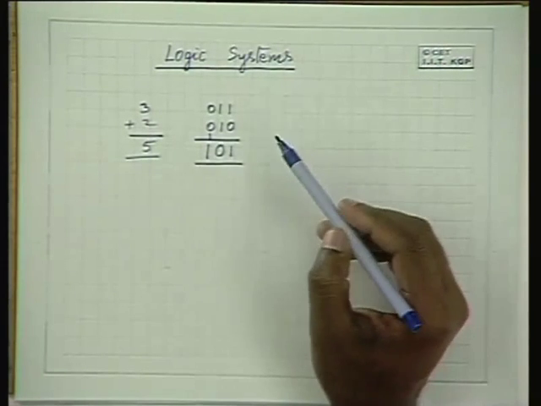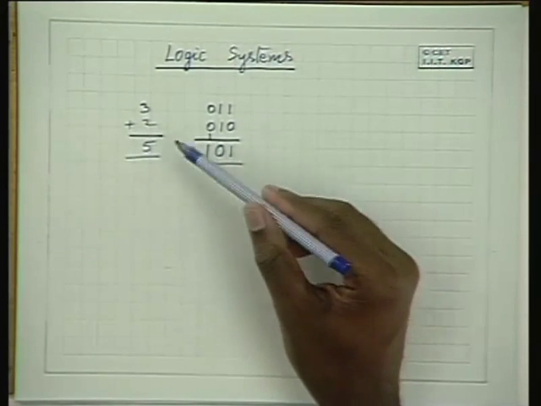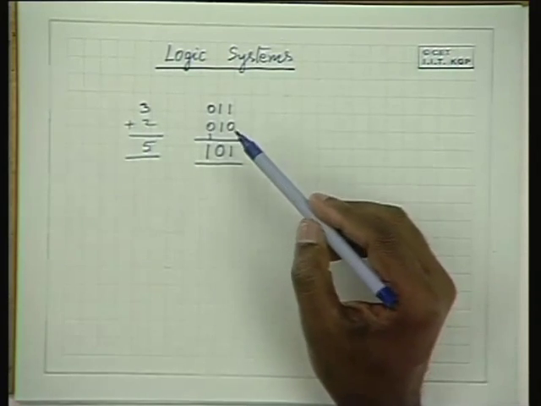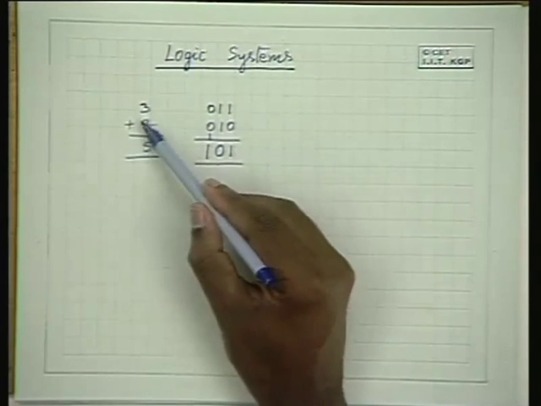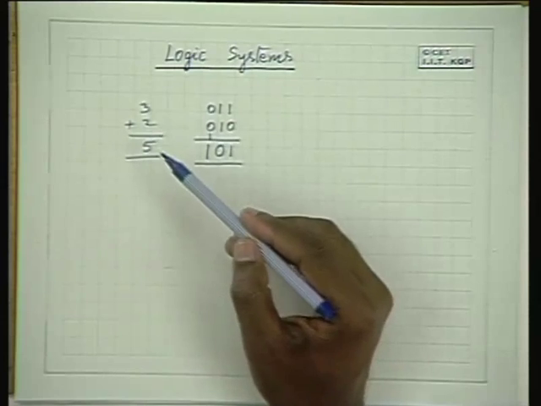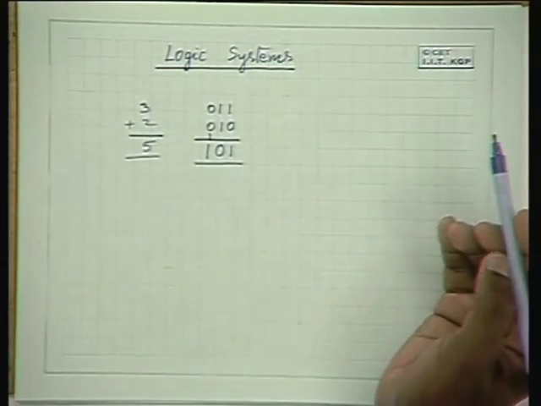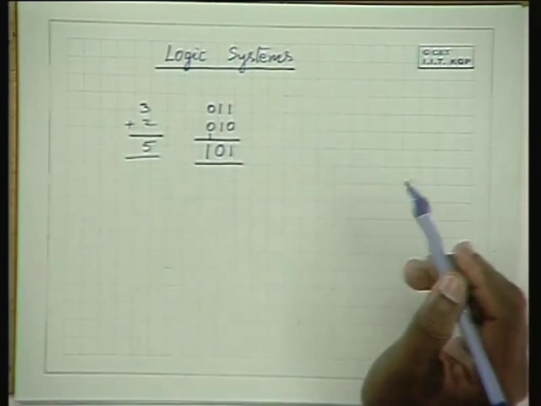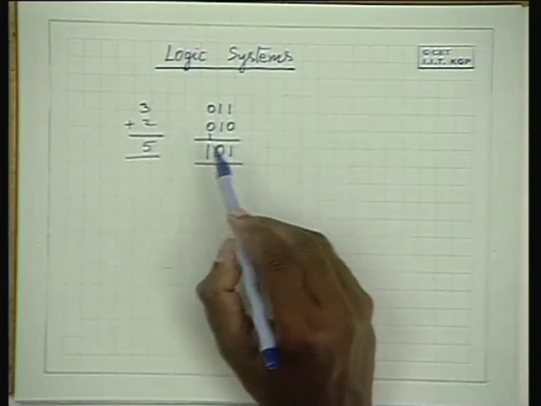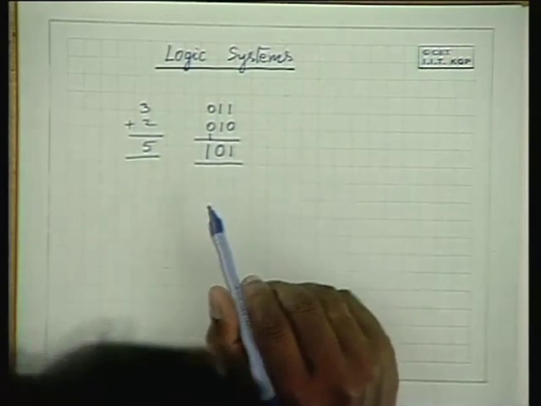So, this is how binary numbers can be added, and equivalently the decimal number addition is equivalent to this. Now, the same thing can be done in electronic circuits.